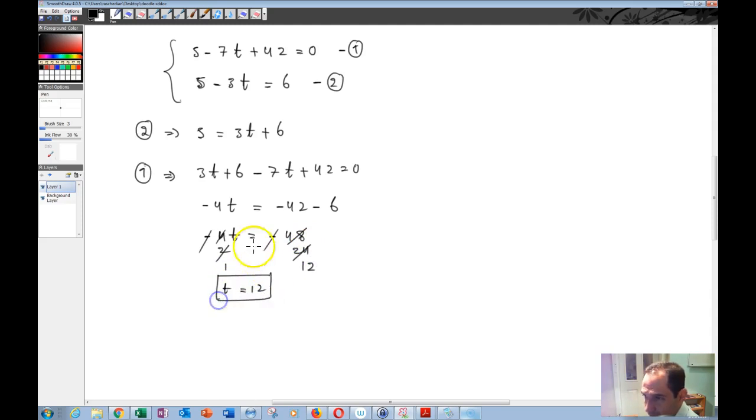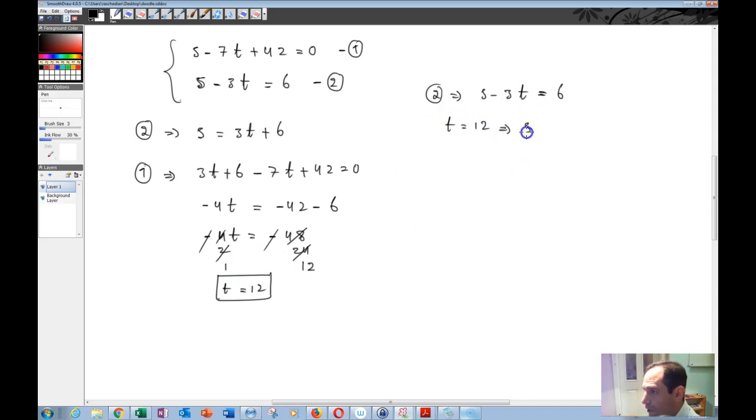So now that you have the value of t, you can put it back in any of these equations, whichever one is more convenient, to get the value of s. So for example, I pick equation number 2, s minus 3t is equal to 6, and t is equal to 12.